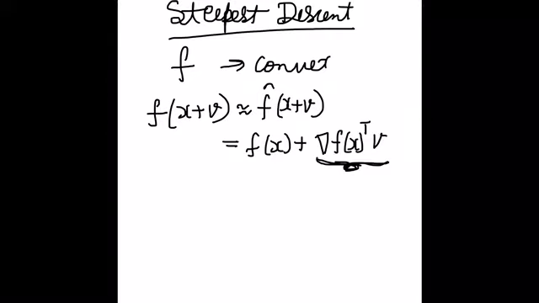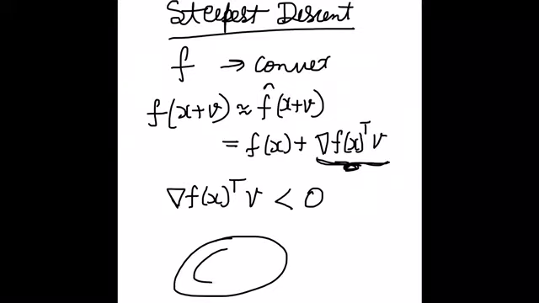We know that a sufficient condition for this v to be a descent direction is that the gradient of f of x transpose v should be negative. To understand this, let's say this is a contour plot.